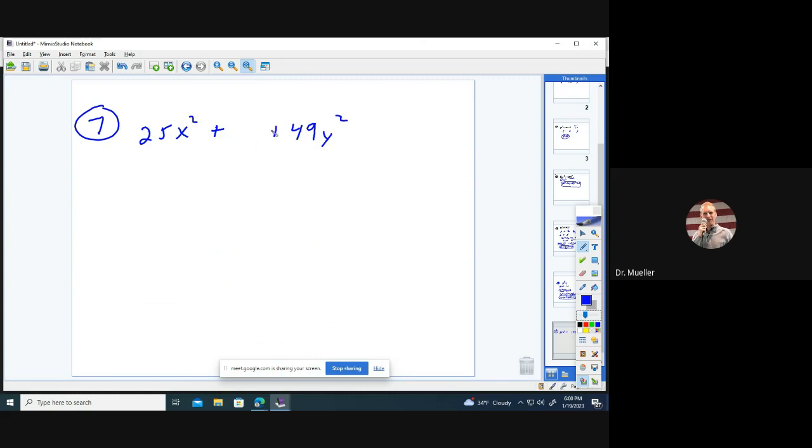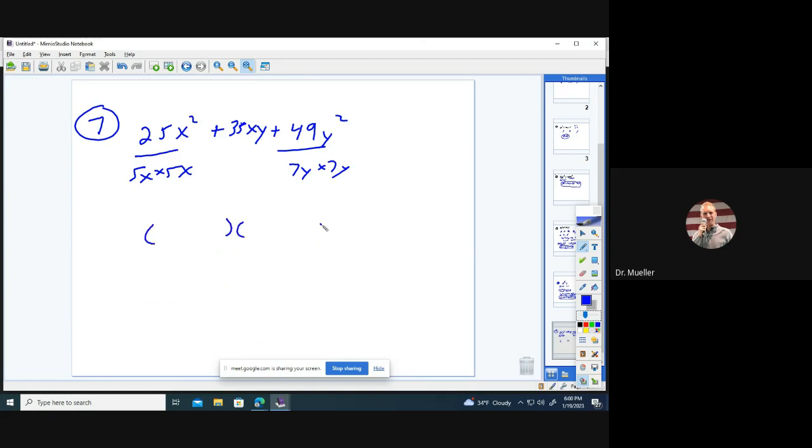And then in the middle, we would have 35xy, I believe, if I'm doing this right. Yep. So this is going to factor, since you've got a perfect square first and last, that's 5x times 5x. This is 7y times 7y.